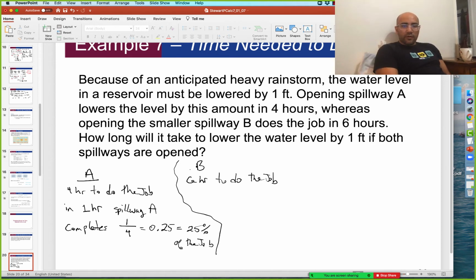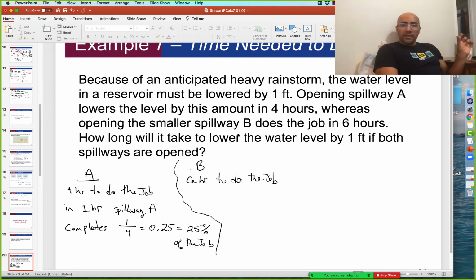Be careful that they're both the same job. In this case, lowering the reservoir level by 1 foot. So that's another place where the word problem can try and trick you a little bit, because maybe the information about how fast spillway B works might be presented in a different way. Like they might say spillway B can lower the reservoir level by 2 feet in 6 hours.